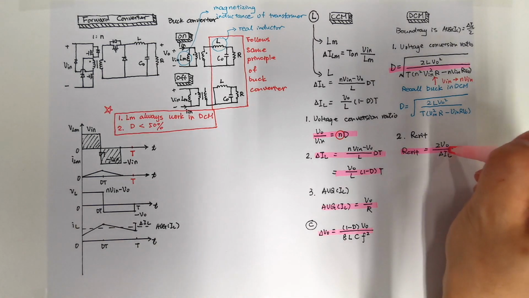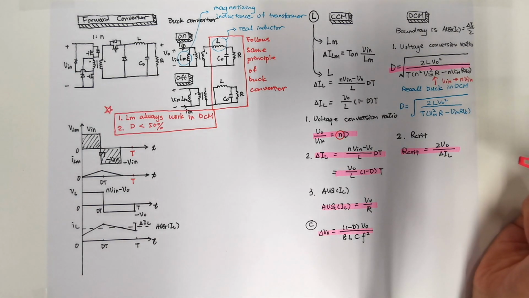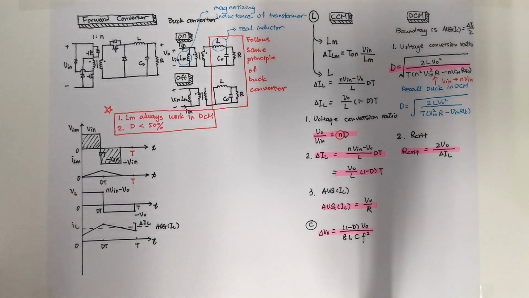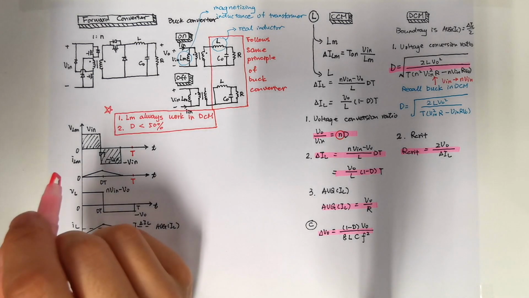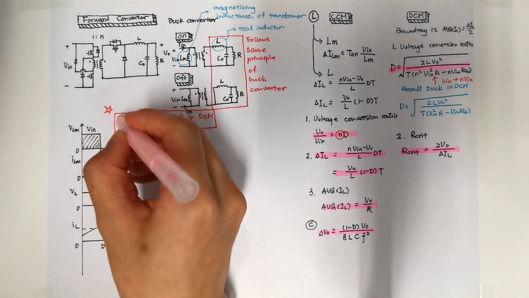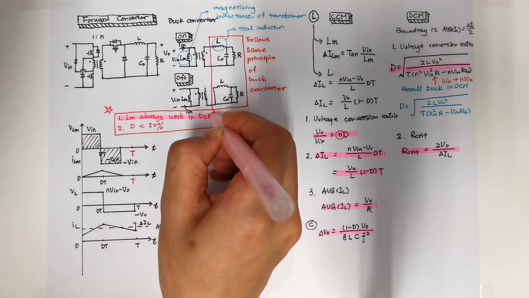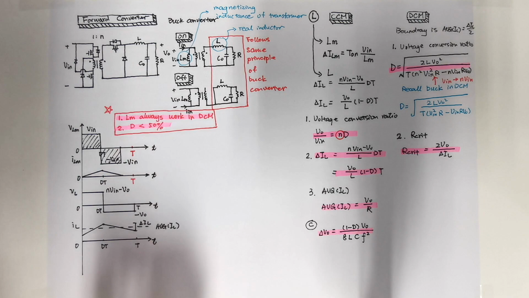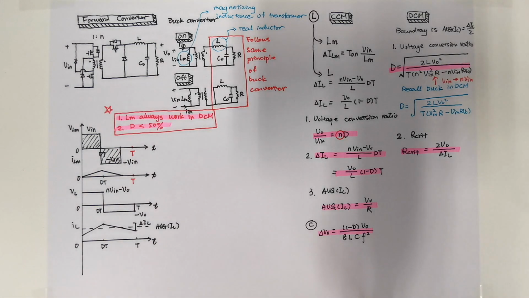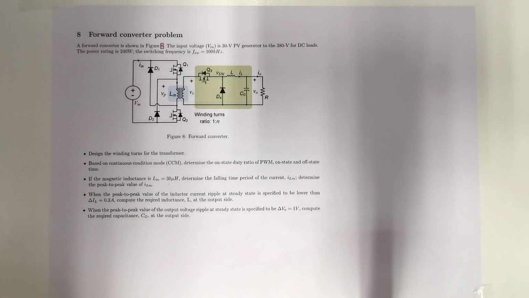And the critical resistance is exactly the same as the buck converter. And the most important thing is always remember that in the forward converter, Lm is always working in DCM, and our duty cannot be larger than 50%.